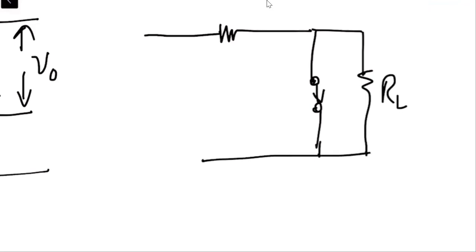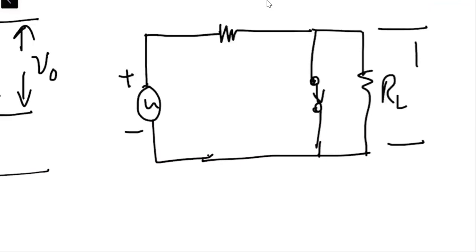With that, we have the situation that this end is positive, this end is negative, and we are taking the output across RL. This is our VI, right?